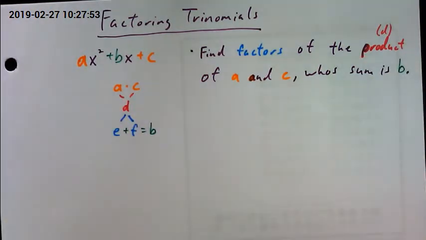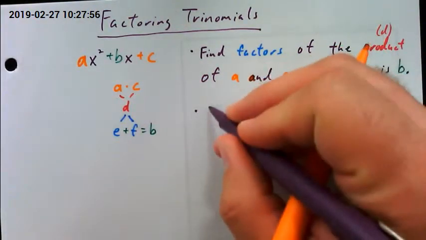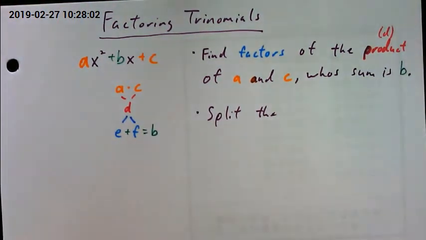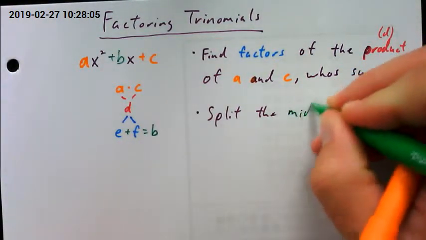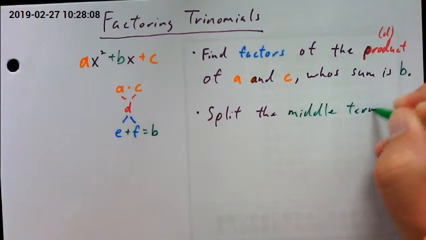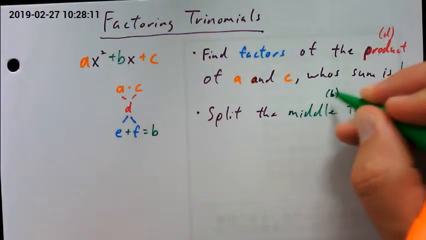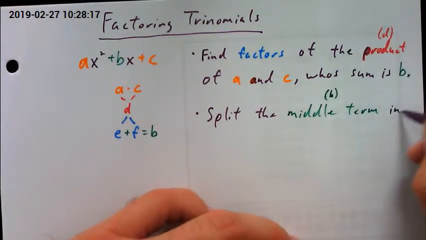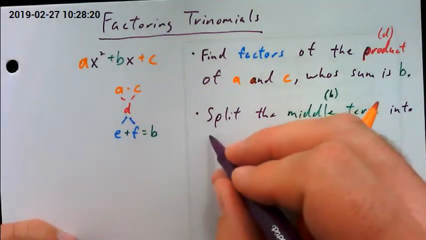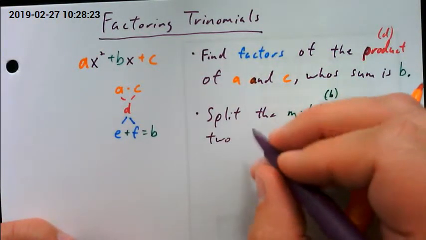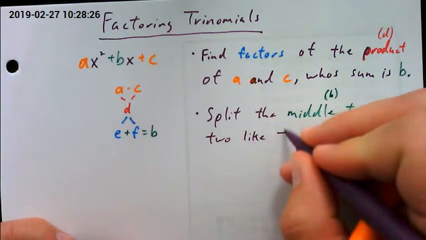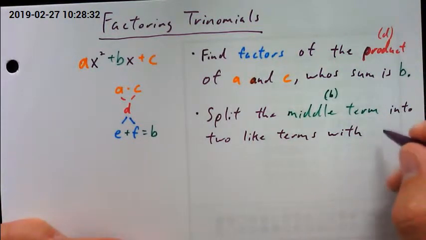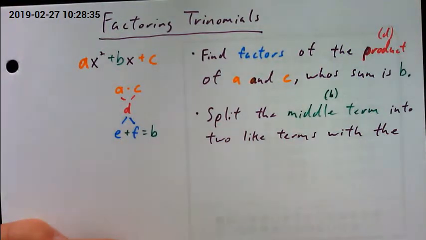All right, going through that process, the second step is to actually split the middle term, which is our B value, into two like terms with the factors.